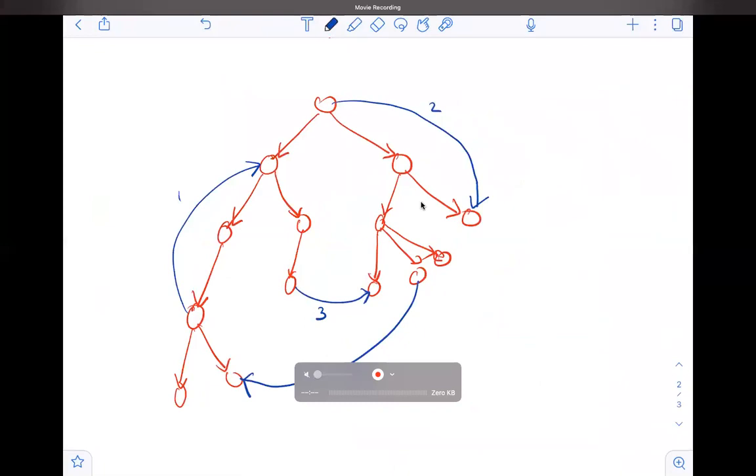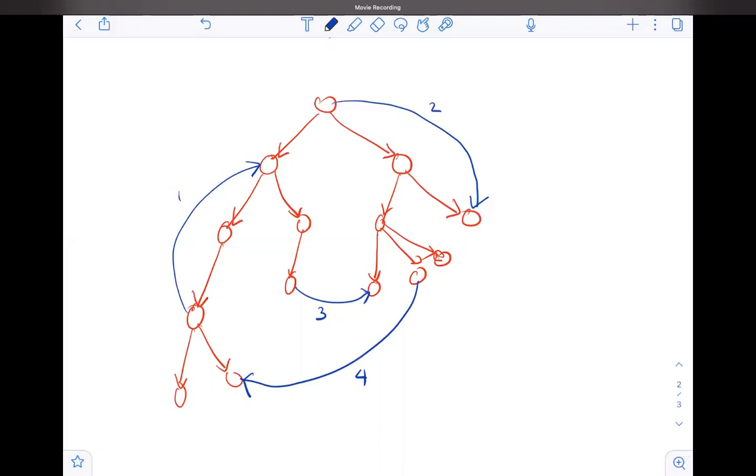Okay, so the red edges form a DFS tree. Let me explain the problem. This is a graph in which the red edges are a DFS tree. Red edges are the edges that we got after I ran a DFS.